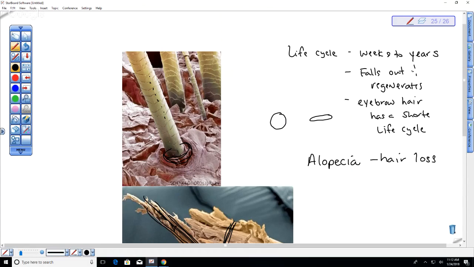This is where the life cycle of the hair starts to slow down and you lose hair faster than it is replaced. One of the things that affects this is age, right? As you get older, your hair will begin to thin because more hair will fall out than is replaced.